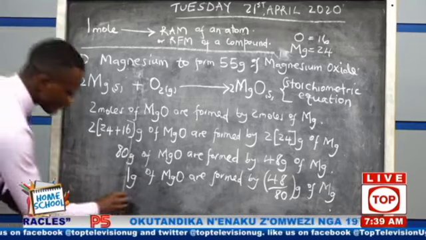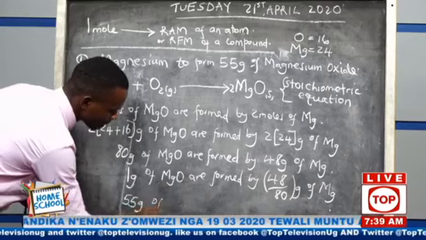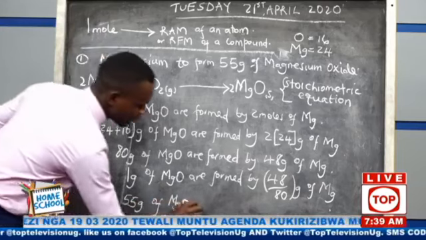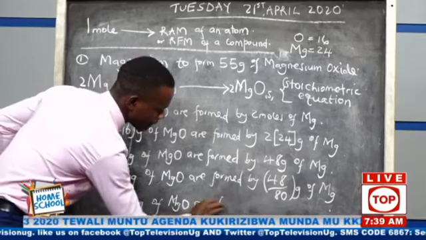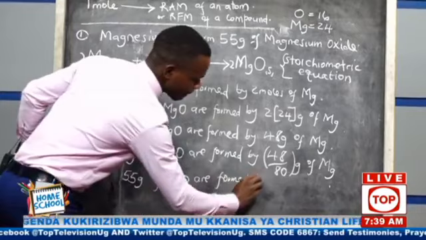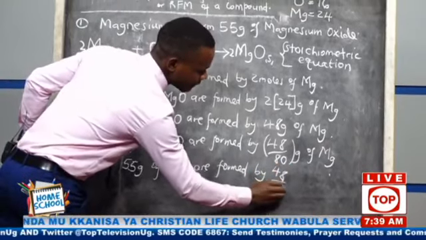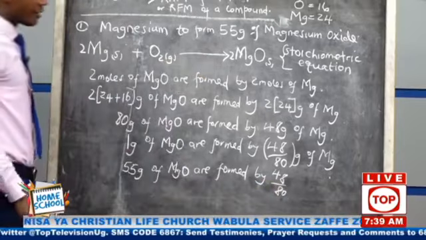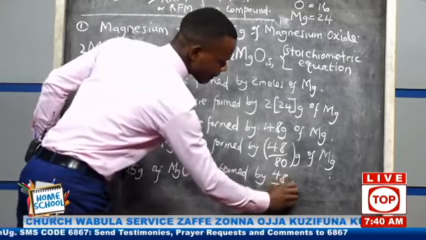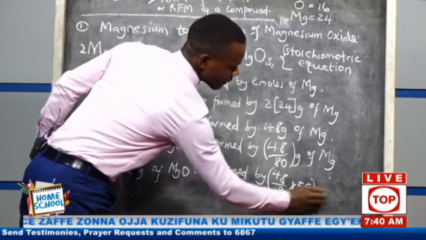That means 55 grams of magnesium oxide are formed by 48 out of 80, then you multiply by 55. You get the grams of magnesium.